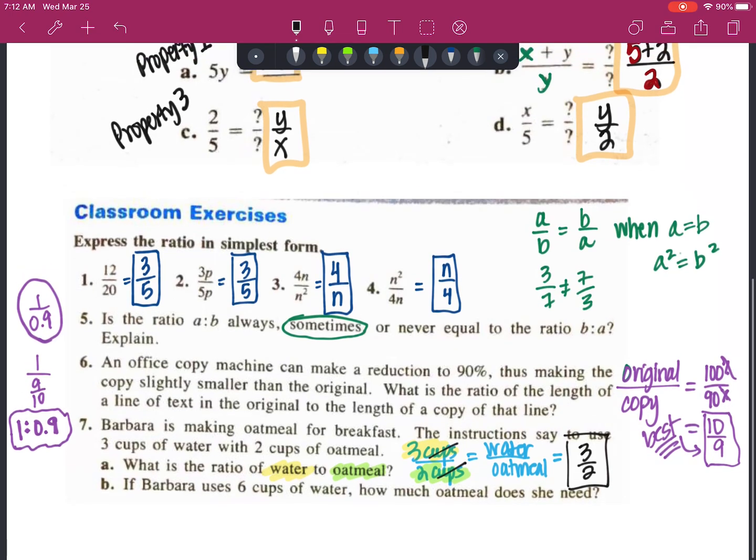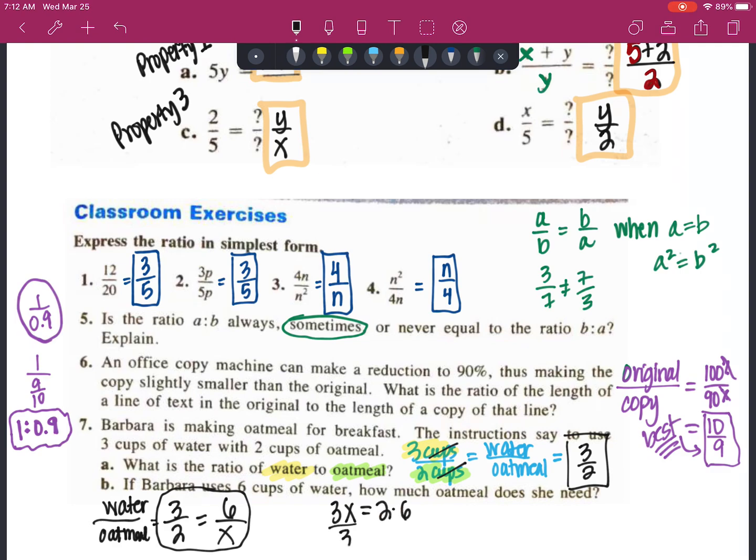If she uses 6 cups of water, how much oatmeal does she need? Well, that's where we would take 3 over 2 equals, and again, this is water to oatmeal. So if she uses 6 cups of water, how many cups of oatmeal does she need? This is where we would use our rule of proportions to solve. 3 times x is equal to 2 times 6.